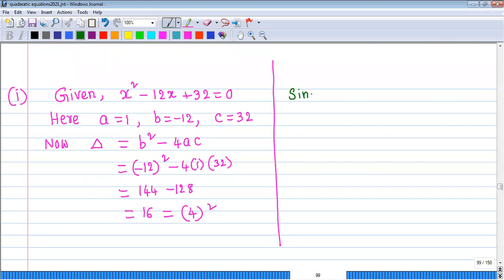So our observations need to be written here. Since delta is greater than 0 and a perfect square, roots are rational and distinct.